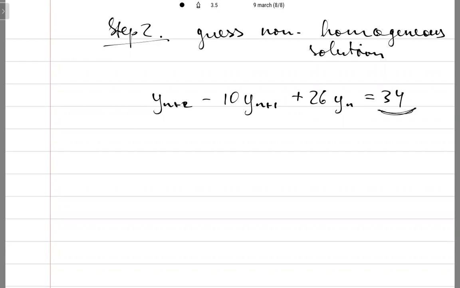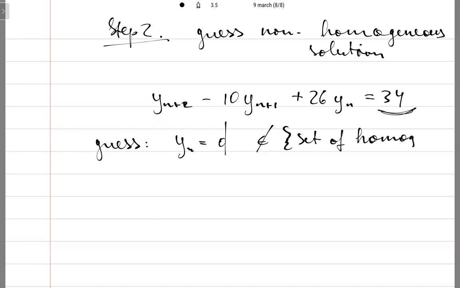So we have a constant on the right-hand side. So my guess is yn is some constant d. I check that it does not belong to the set of homogeneous solutions.